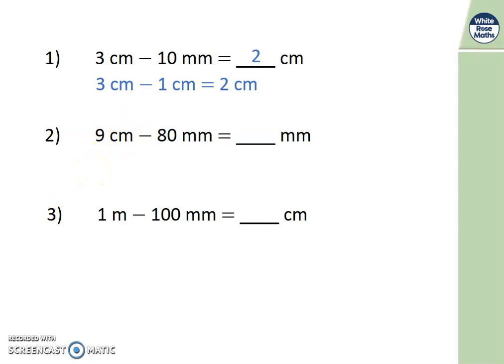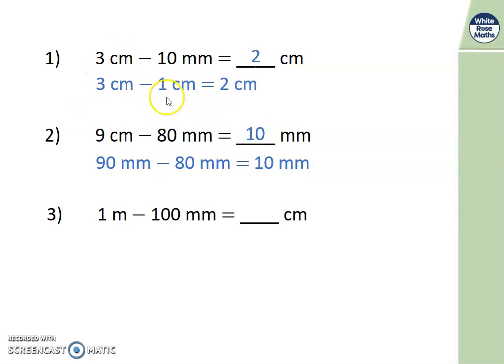In 1 centimeter, there is 10 millimeters. So 9 of those centimeters is 9 tens, which is, any ideas? 90 millimeters. So 90 millimeters subtract 80 millimeters leaves me with 10 millimeters. So now I can put that answer in.